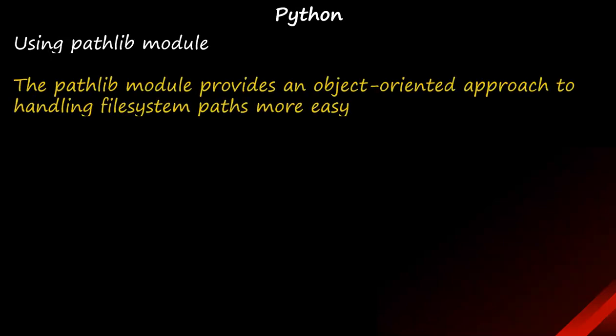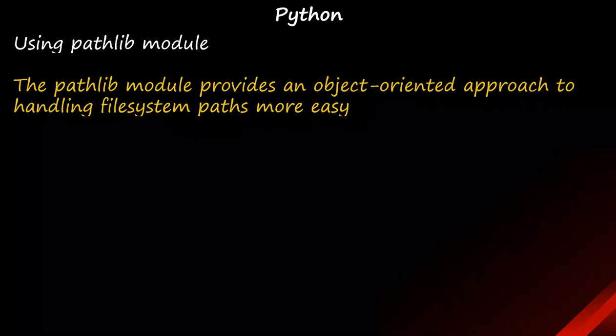Next is the pathlib module. This deals with paths. The pathlib module provides an object-oriented approach to handling the file system with paths. This will show you output in an easier way, including the absolute path of a file.